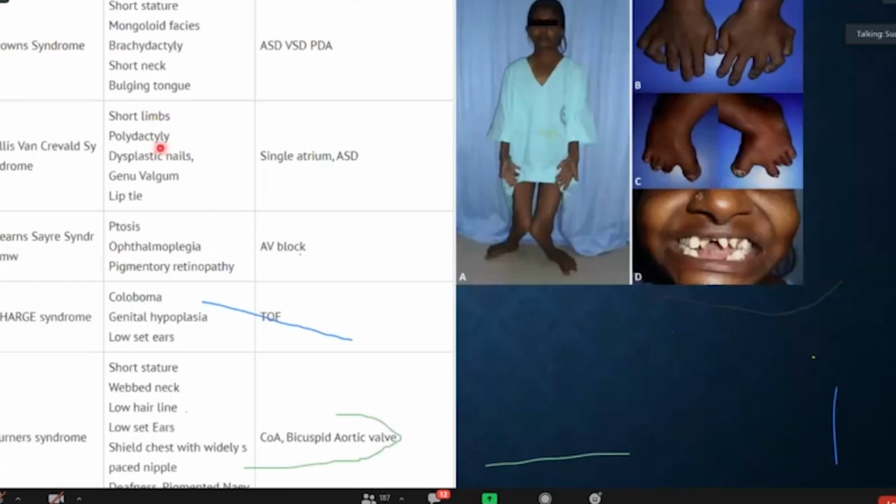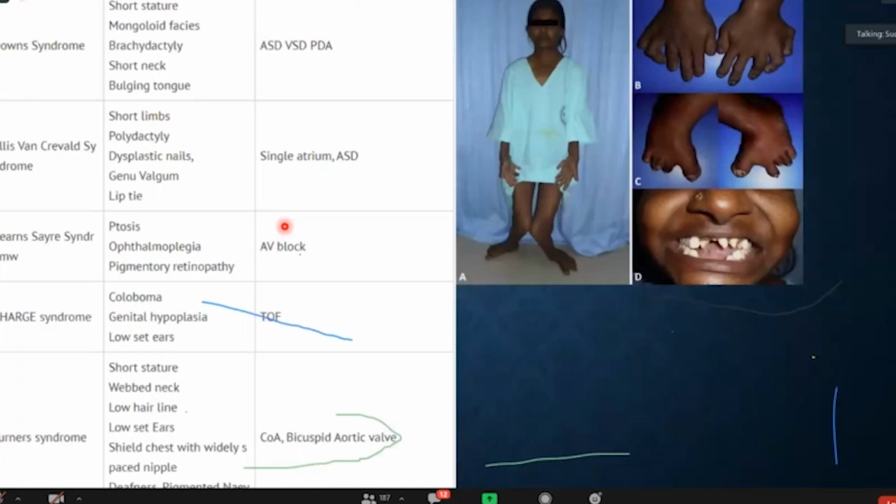And then there are many problems like polydactyly. This is known as Ellis-van Creveld syndrome. Just remember, if you are practicing cardiology, or taking cardiology or MD medicine, you may sometime in your lifetime see this case or a spotter. Ellis-van Creveld syndrome: short limbs, polydactyly, teeth abnormality, dysplastic nails, cubitus valgus. They are usually associated with common atrium.